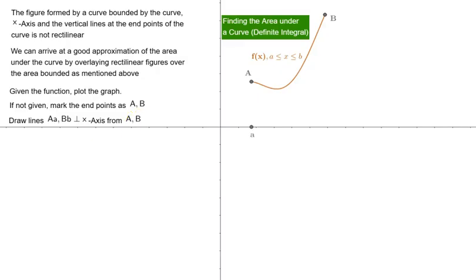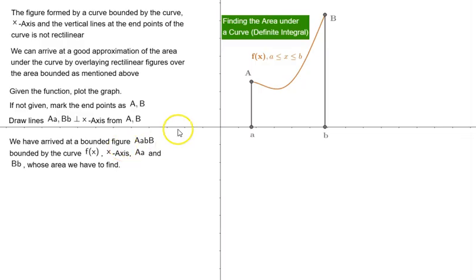So this is the line from a perpendicular to the axis, and this is the line from b perpendicular to the x-axis, and they intersect the x-axis at A and B. We have arrived at a bounded figure AABB, bounded by the curve f of x, the x-axis, AA and BB, whose area we have to find.